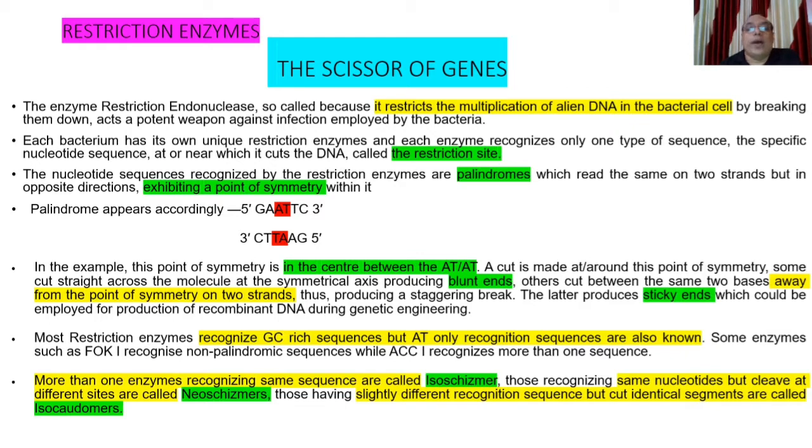So why is it called restriction? When it cuts, it is a nuclease, it is an endonuclease. Well, why is it a restriction endonuclease? Restriction enzymes have been derived from bacteria, and bacteria use those enzymes for restricting the multiplication of bacteriophages in them.